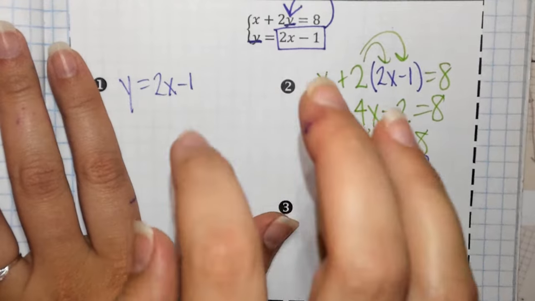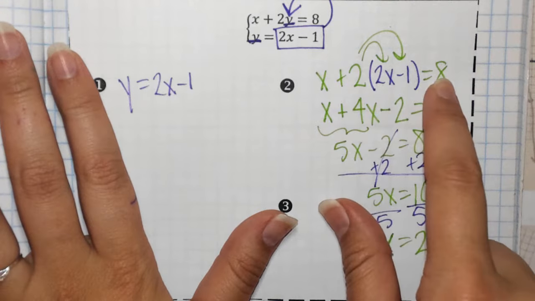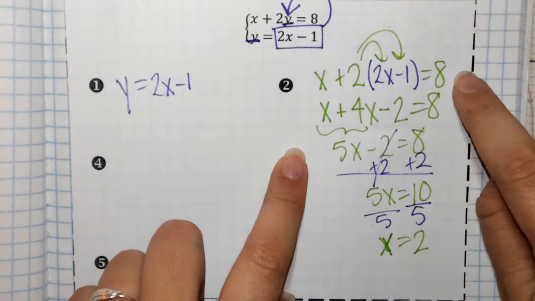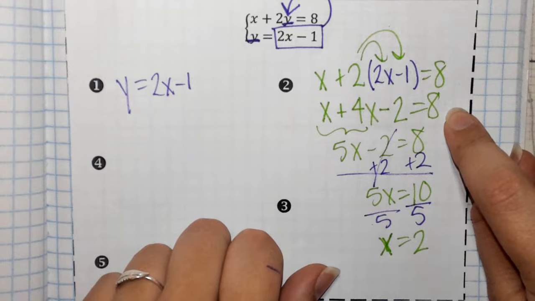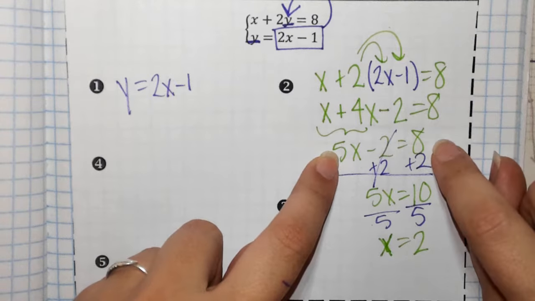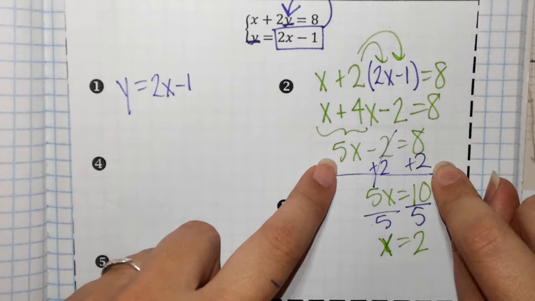Because it says y equals. Alright, over here, I have x plus 2 times 2x minus 1 equals 8. What did I do next? What changed from this point to this point? I distributed. Awesome. And then what did I do from here to here? Combine like terms. And then besides Diamond and Alexia, what did I do?